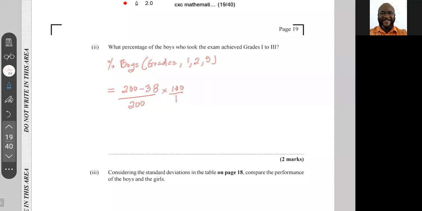All right, so 0 cancels 0. What is this? 162 divided by 2. This says 81%. So this is saying 81% of the boys who sat the exam passed the exam, or they achieved a grade 1 to 3.